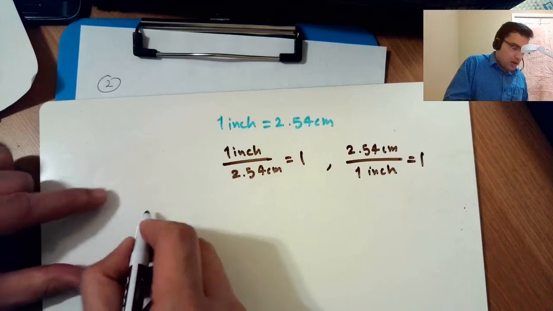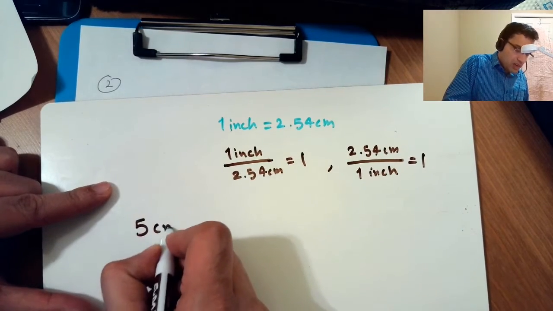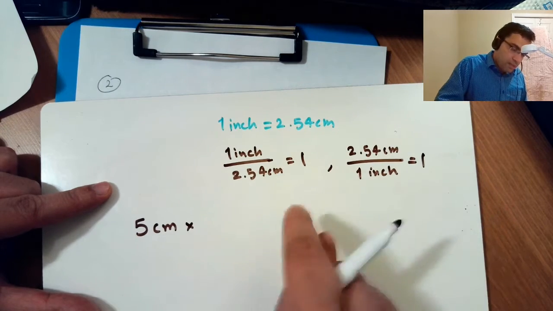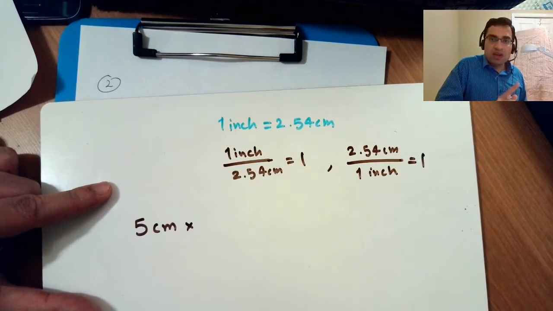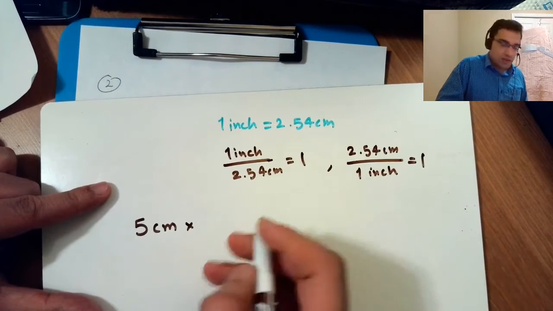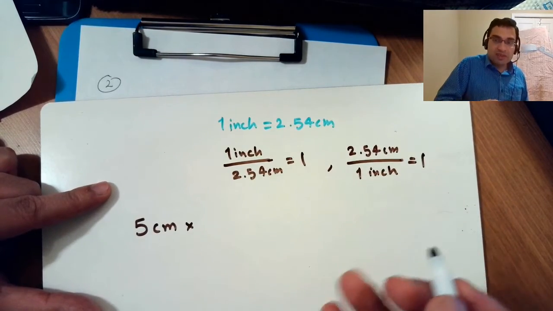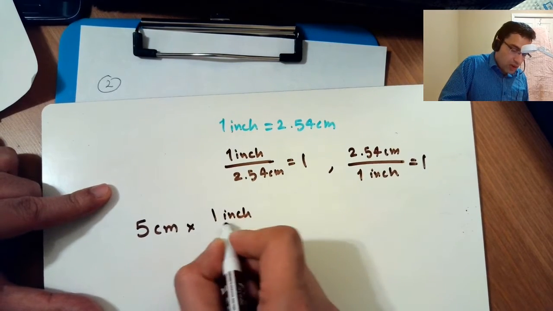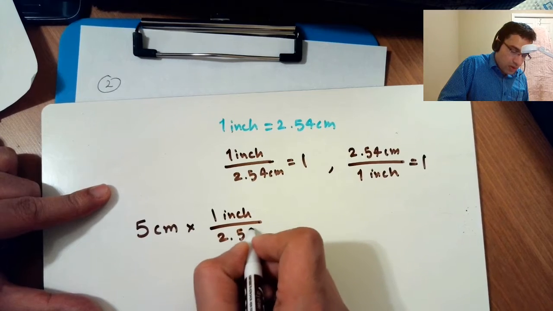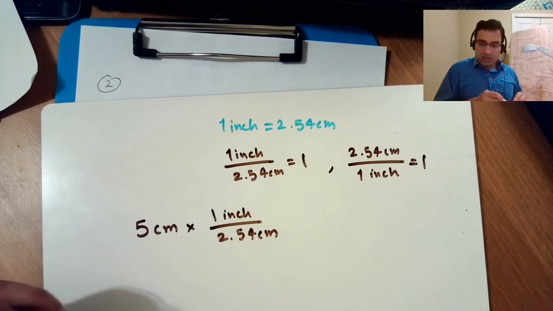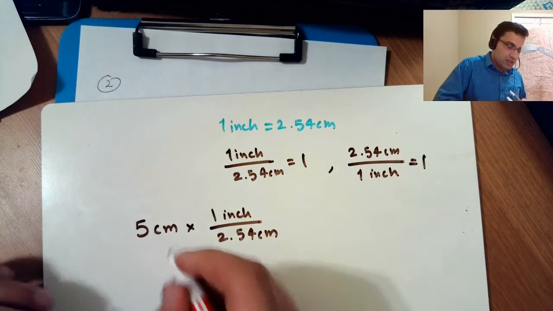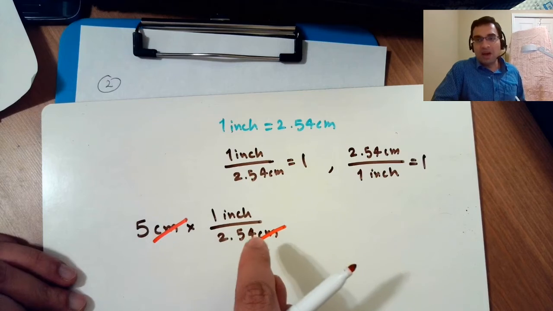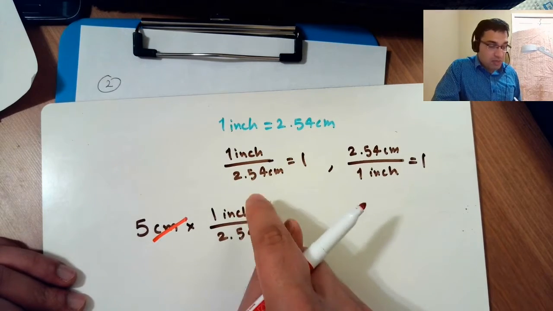So if I want to convert 5 centimeter to inch, how would I do that? I would multiply it by this factor. This equals 1, right? So you can multiply anything by 1 and you'll get the same quantity at the end. So I multiply this by 1 inch divided by 2.54 centimeters. Now the centimeter here and the centimeter here, numerator and denominator, get canceled, and what's remaining here is the inch.